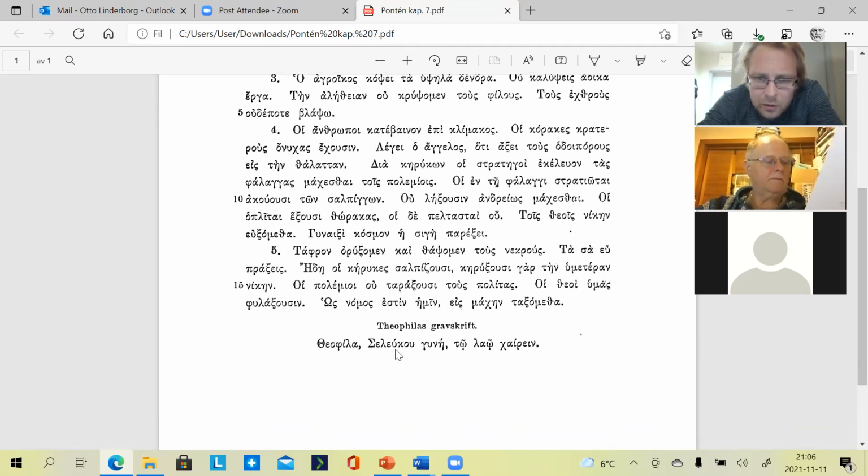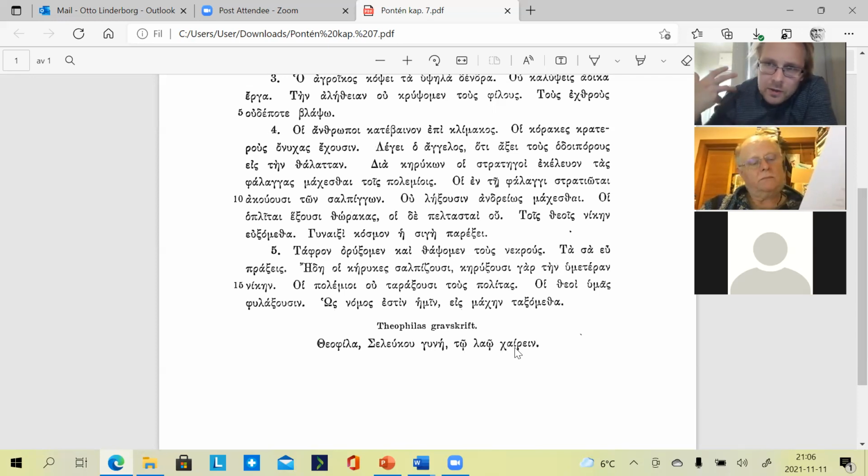Theophila Seleuku Yne to Lao Haire. So it's Theophila, wife of Seleucus. Haire was liked by the people. Yeah, actually, it could be salutes the people.